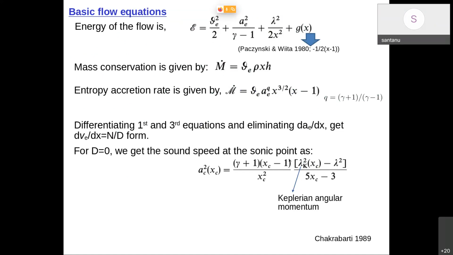As we can see from this expression, lambda_k is the Keplerian angular momentum, and lambda is the angular momentum of the flow. C stands for quantities at the sonic point. To get a physical solution, lambda_k should be greater than lambda. That means the flow spiraling around a black hole is sub-Keplerian, and not necessarily Keplerian always.